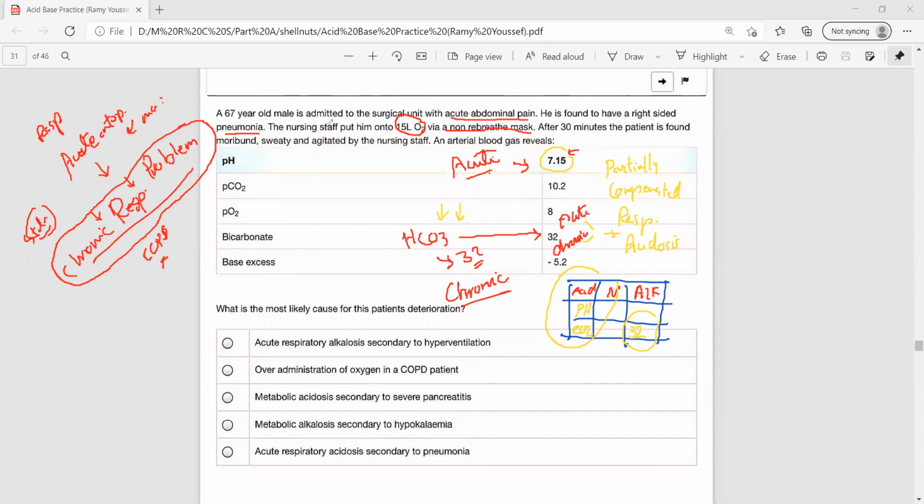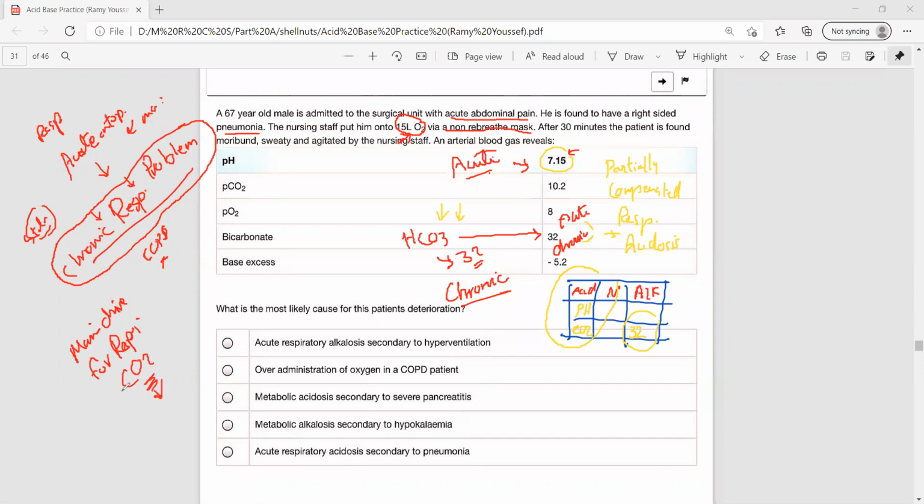By the way, in a patient with a chronic respiratory condition, the main drive for respiration is CO2.